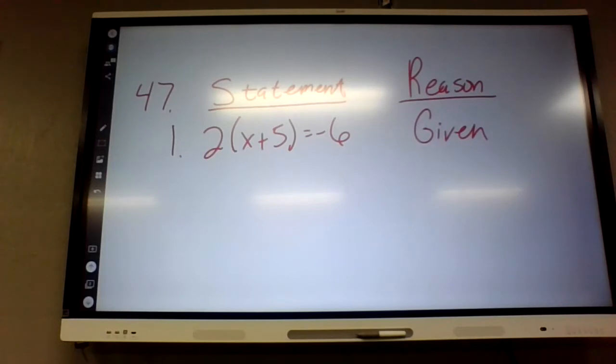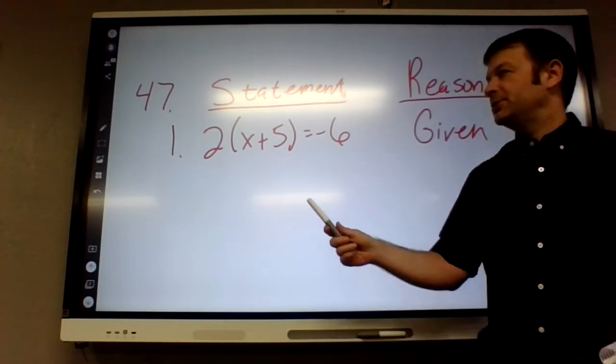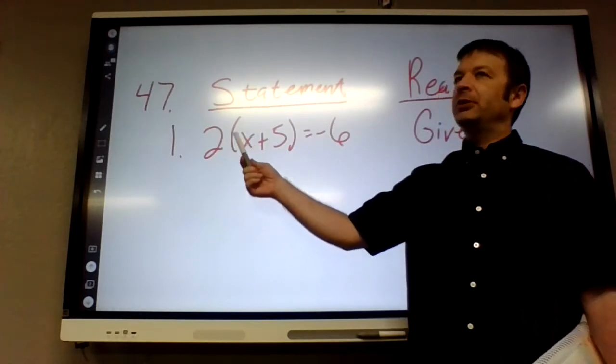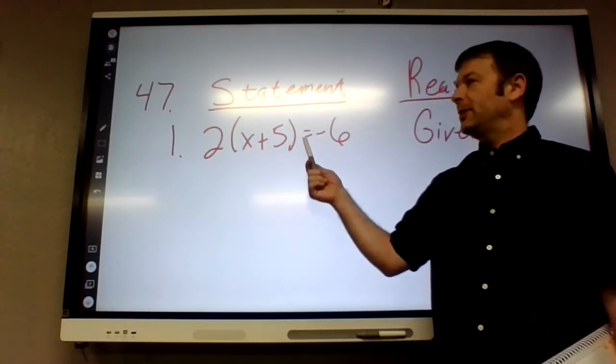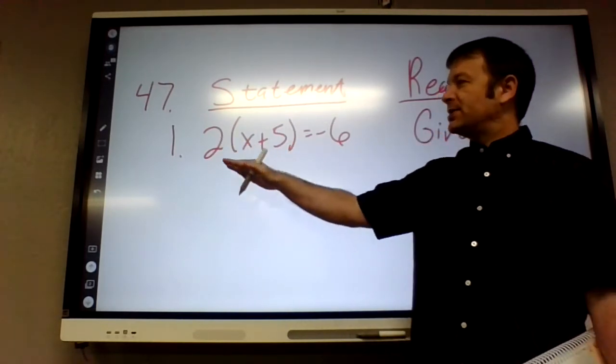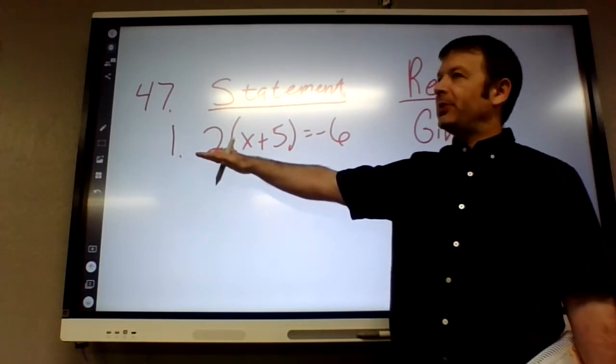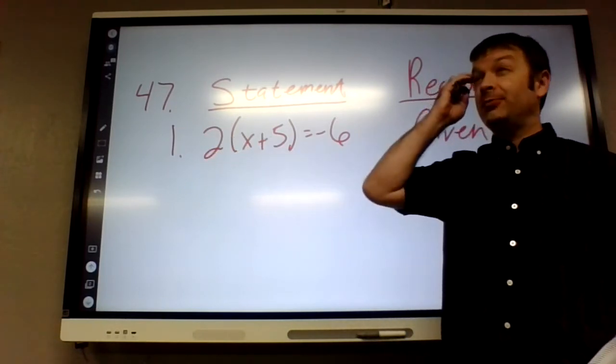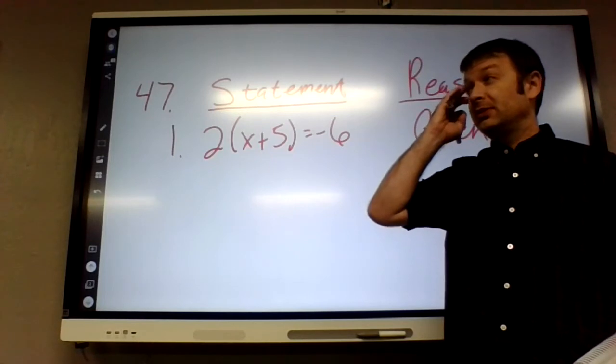Actually, there are two ways we could do this. Did you know there's two ways to solve this problem? What's one way? We could distribute. Does anybody know the other way? Since this whole left side is multiplied by 2, you could get rid of the 2 by dividing by 2.